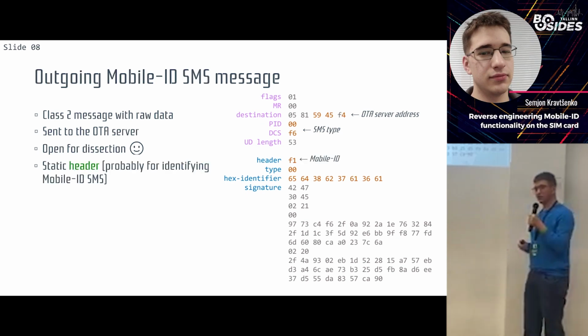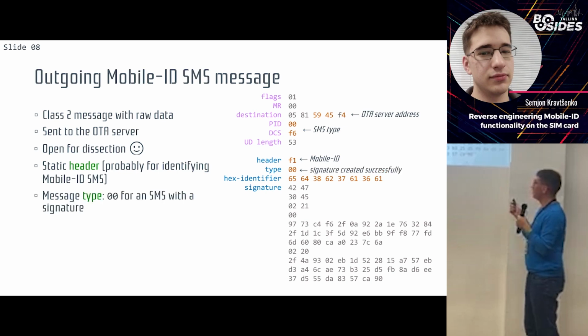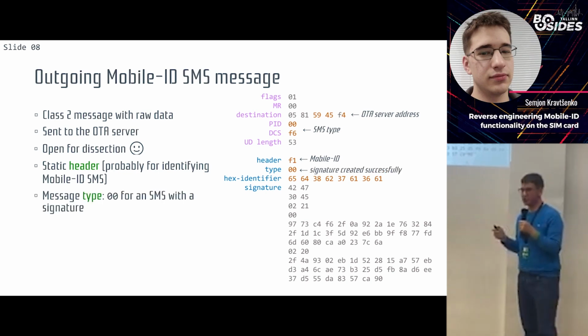So first we see the header, and throughout all my experiments, these values stayed the same. So I believe this notifies the OTA server that this is actually a mobile ID SMS and not some other configuration SMS, for instance. Then it's the type, and this value has changed. So whenever there is a signature inside this SMS, the type will be 00, so a successful transaction. It can be some other value in case the user canceled the transaction or there was some error inside the SIM card.